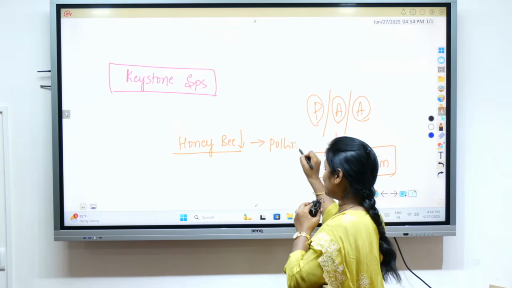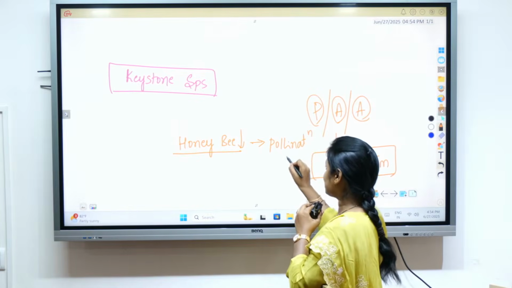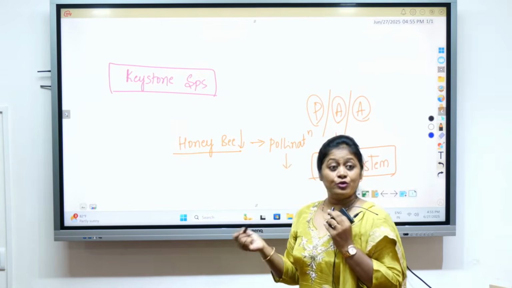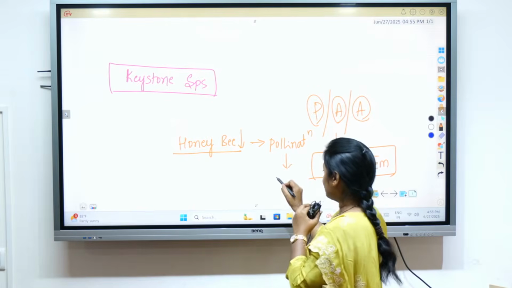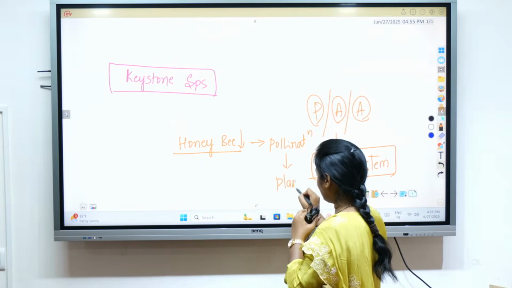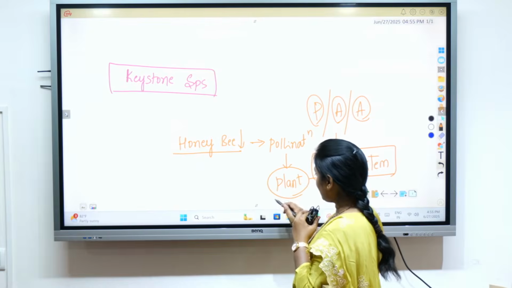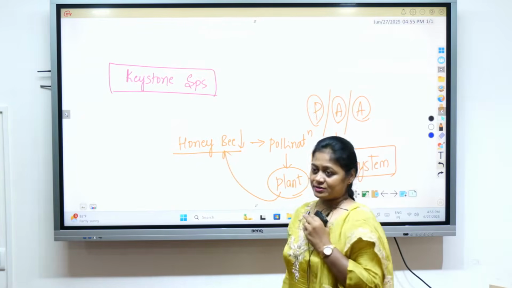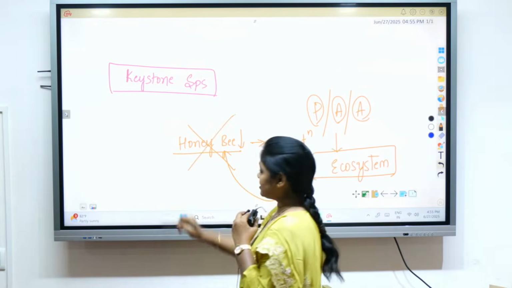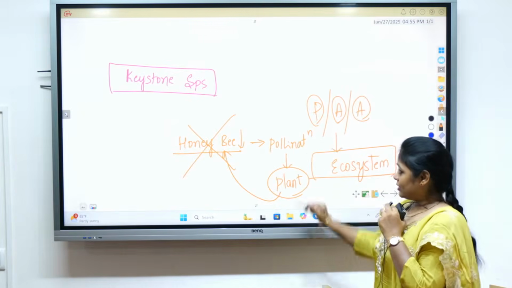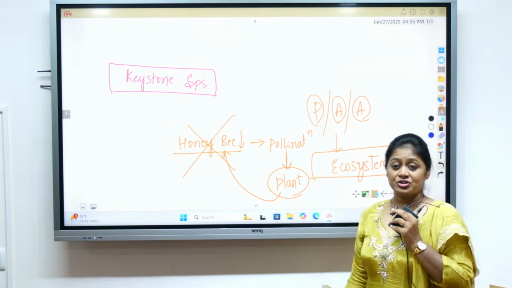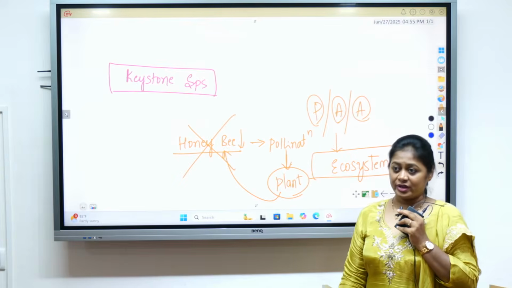Due to pollination only, the plants can produce food. So the credit goes to honeybees. If this species gets eliminated, there will be a deleterious impact on the environment.